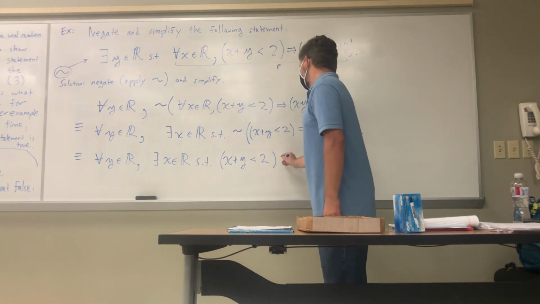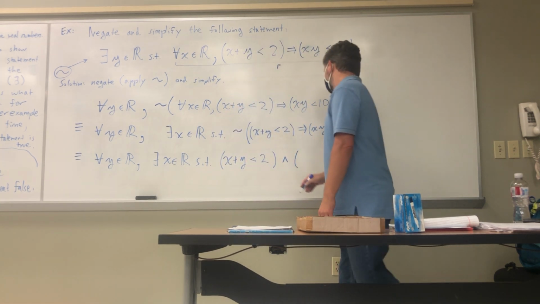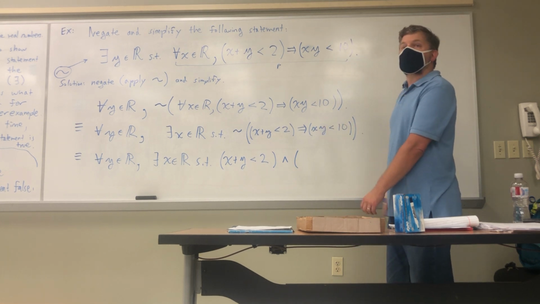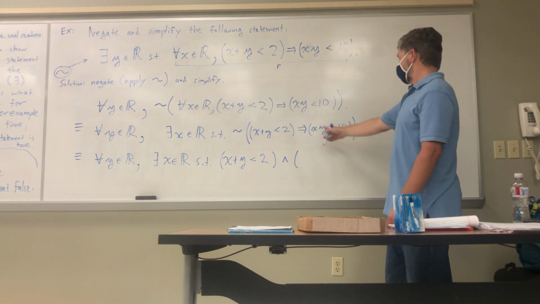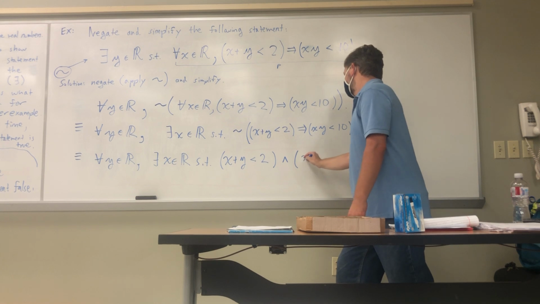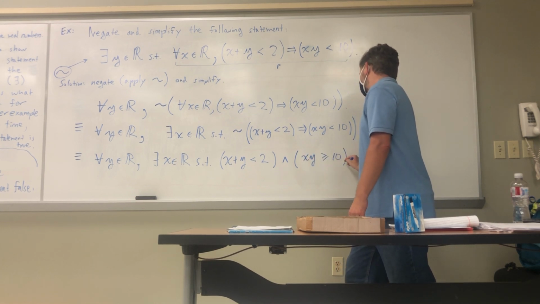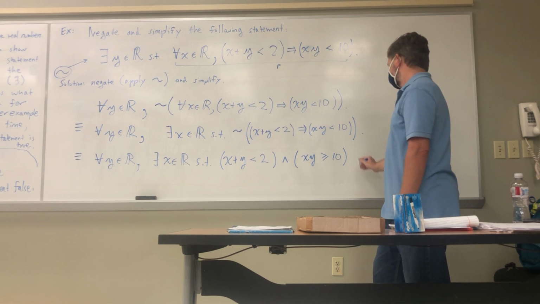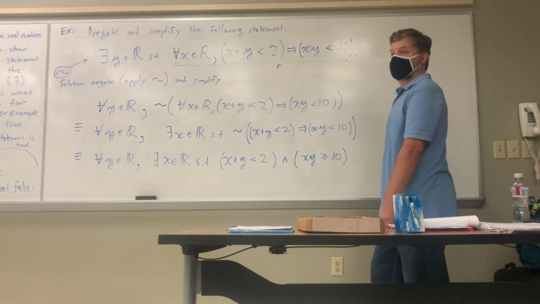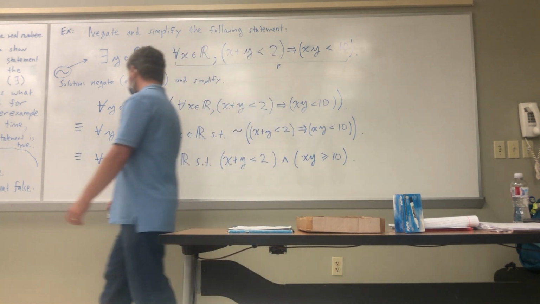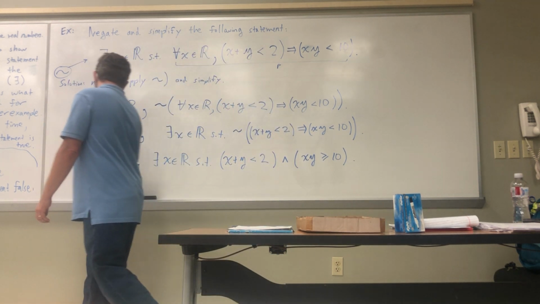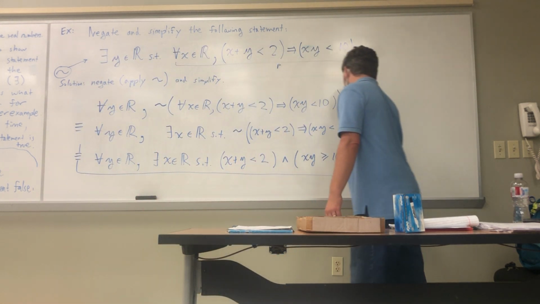Change the implies to an and, and negate the rest. I don't need the De Morgan's laws this time, so there's only one piece. So xy greater than or equal to 10. That's the final answer there. So, put that in the box.